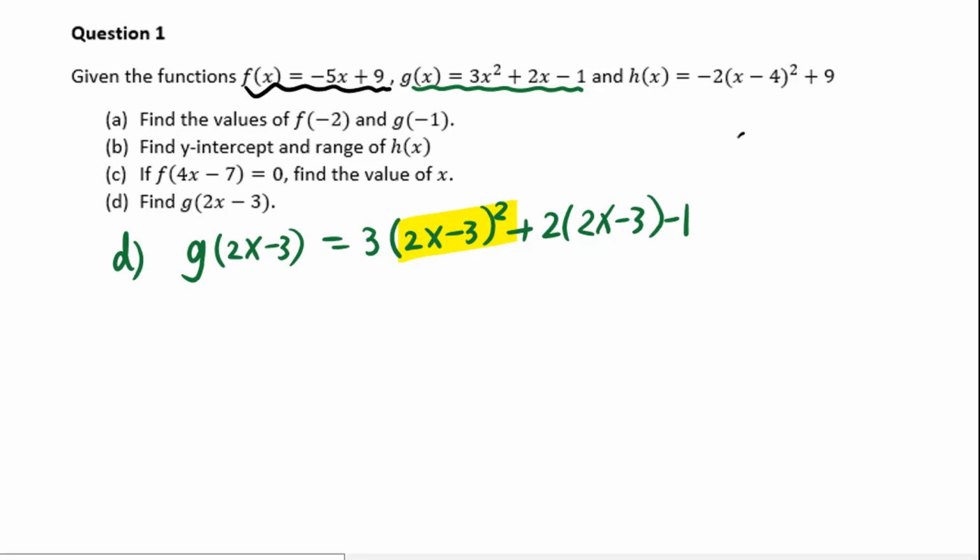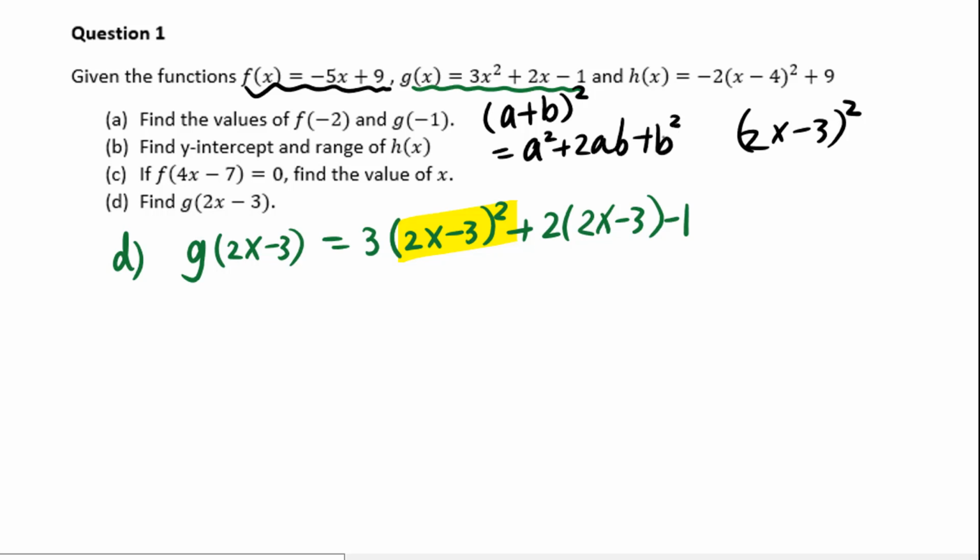For (2x minus 3) squared, you have two ways to do that. First method is about (a plus b) squared equals a squared plus 2ab plus b squared. So you get 2x squared is 4x squared. Then these two multiply. That is negative 6x. Then multiply by 2. So you get negative 12x.